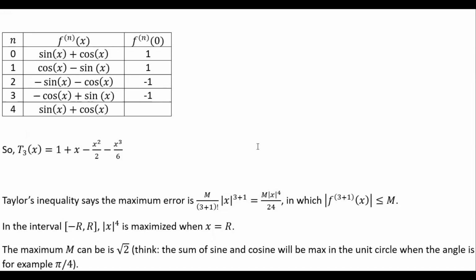Okay, so there's 2 things we want to maximize: the 4th derivative, and also this x to the 4th. Our interval is from minus r to r. So when is this piece maximized? It's when x is equal to r. Hopefully that's clear.